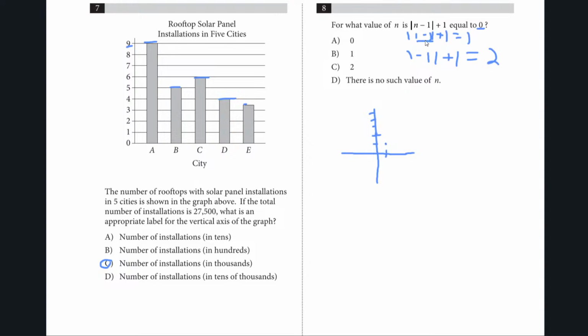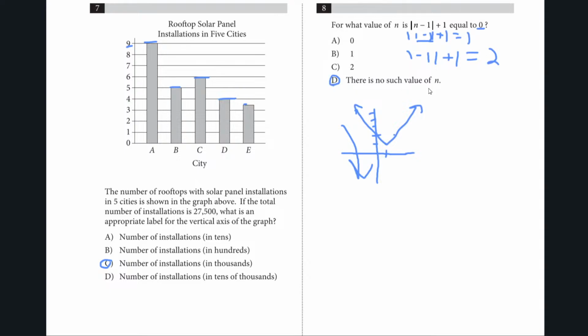And when x is equal to 2, we are also at 2. This is the absolute value. At no point does it ever cross down into the negative or even touch the x-axis. So at no point can any n ever result in this equaling 0.